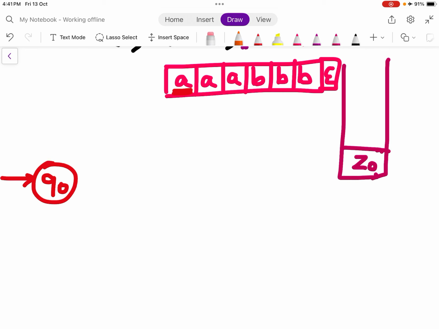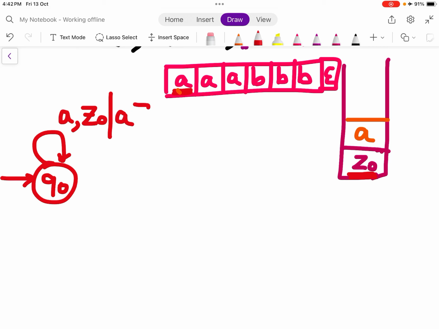So whenever you see an A, you push this A in the stack. You will write A, that is your string's first alphabet, comma, what you saw on top of the stack, which was Z0. And now you are pushing the A, so you get A, Z0.